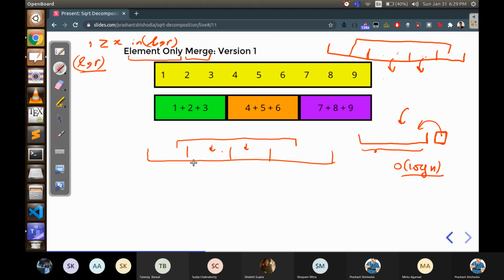So what I'll do here is, what if I pre-compute the answer for all this big range? I can do that, right? Then I'll have to extend just over this part and over this part, and these are two root n elements, right?